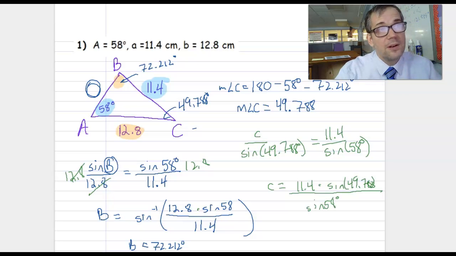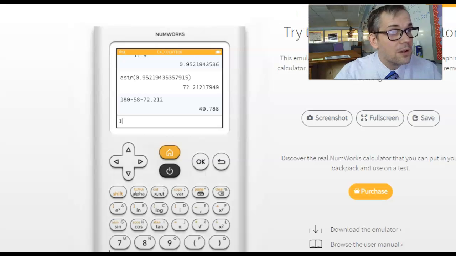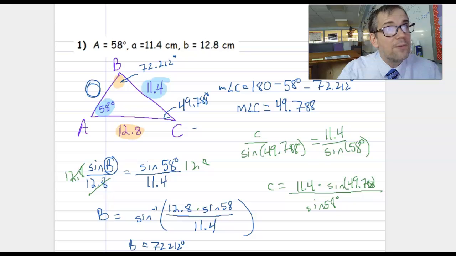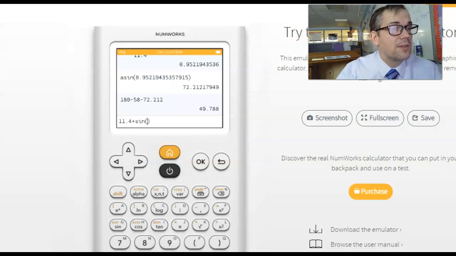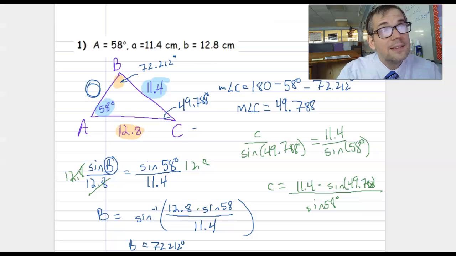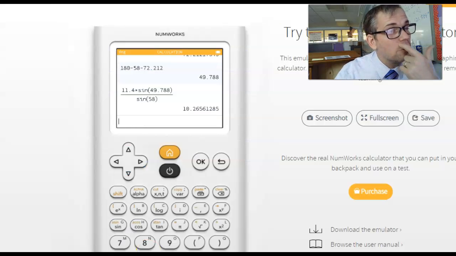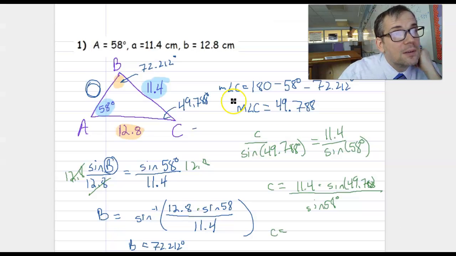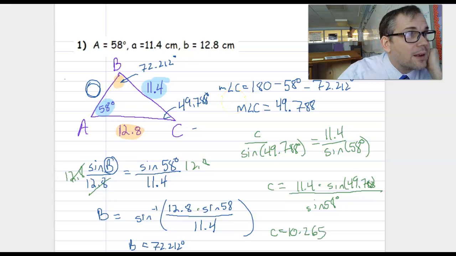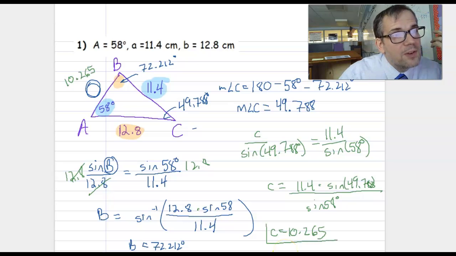And again, just another use of the calculator here. 11.4 times the sine of 49.788, divided by sine of 58. 10.265, 10.266. We'll truncate. So that's 10.265.